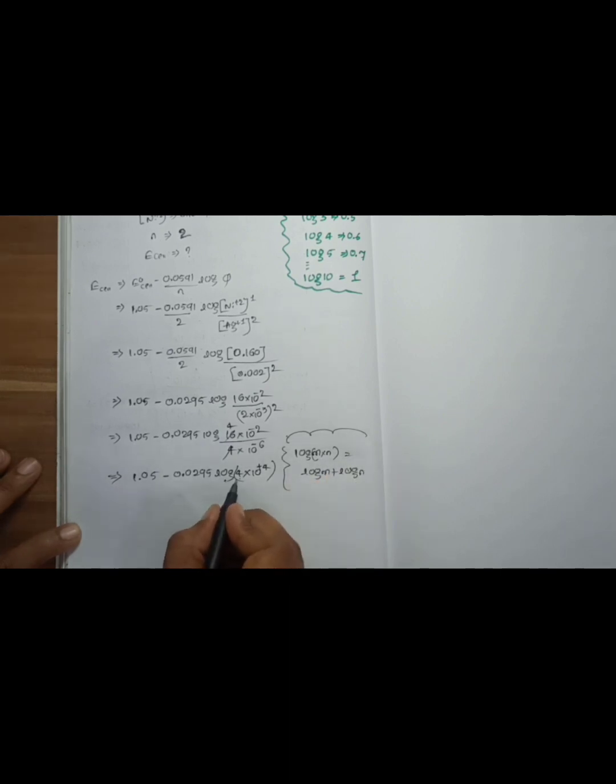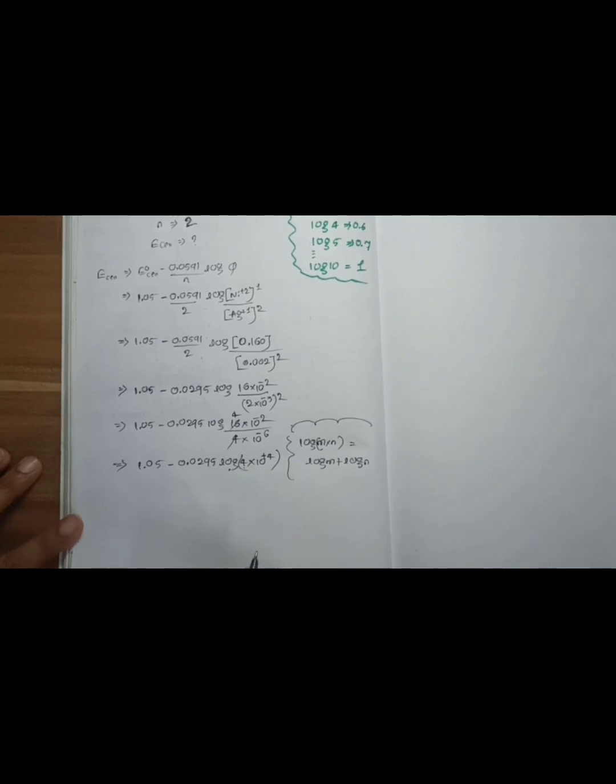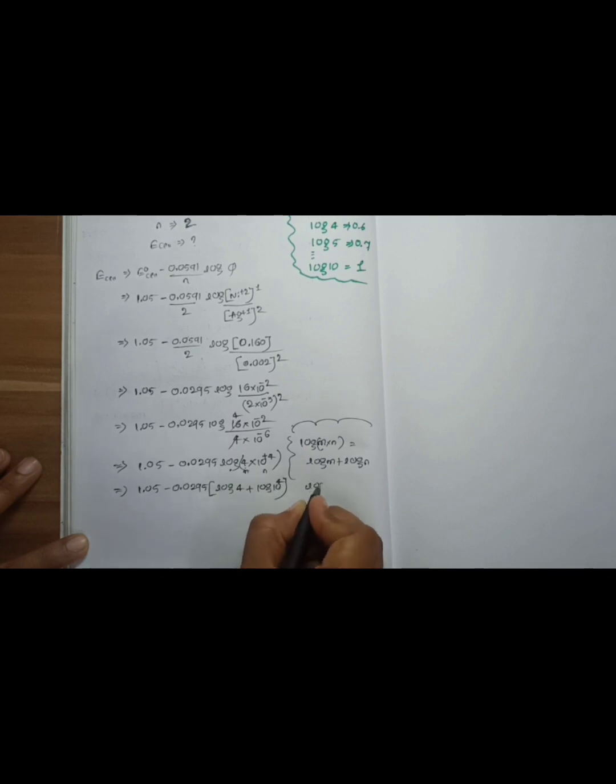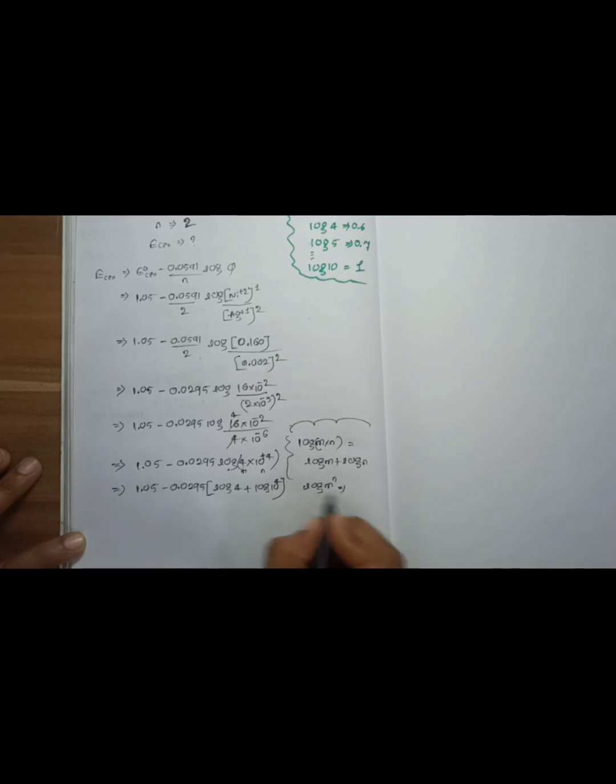So we write it in the form of log m plus log n: 1.05 minus 0.0295 and log, where this is m and this is n. Log m means log 4 and log n means log 10 to the power of 4. And one more formula, log m to the power n: we take n in front of the log, n log m.